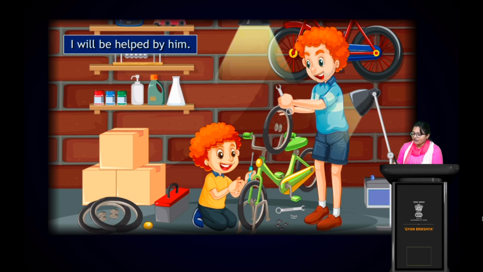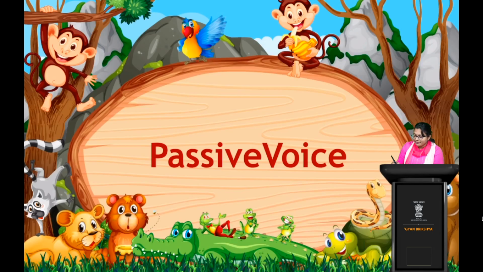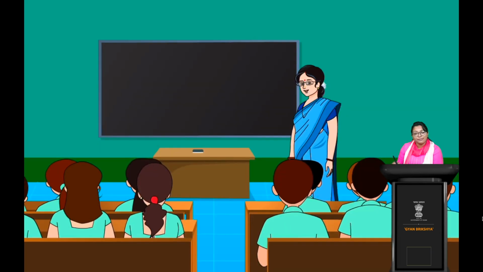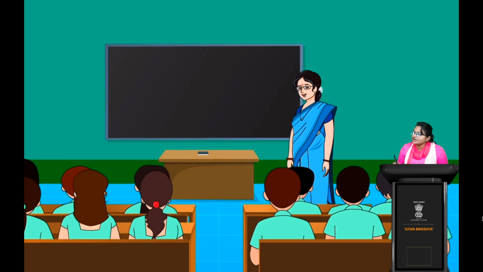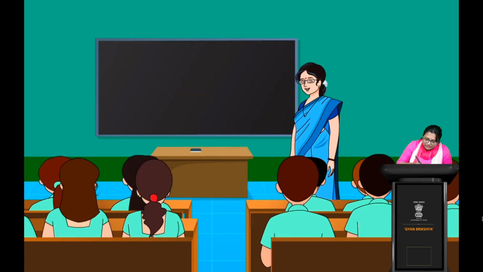Now before moving forward with the next segment of our class, we will take a quick recapitulation of our first class, where we learned how to change from active to passive in case of present tense. We saw in our last class that the students were wondering why the teacher was talking in a very different manner.